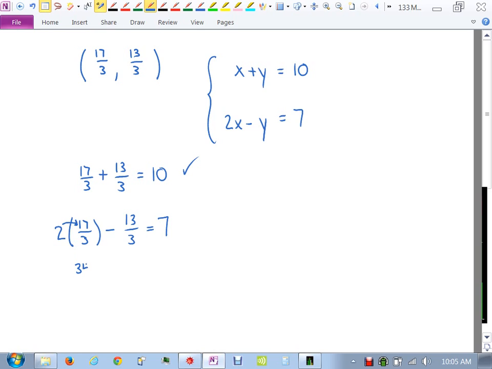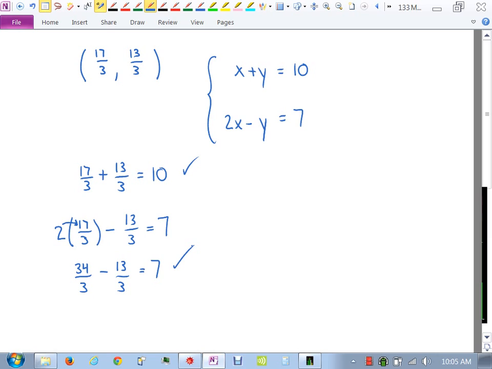That would become 34 over 3 minus 13 over 3. When you take 34 and subtract 13, you get 21 over 3. What's 21 divided by 3? 7. So that works.